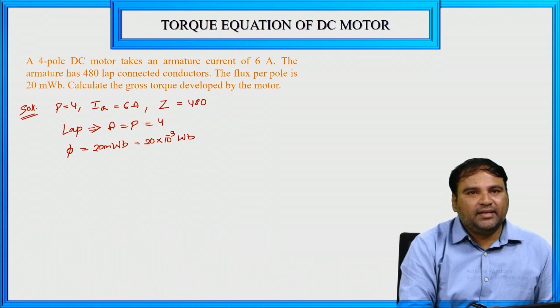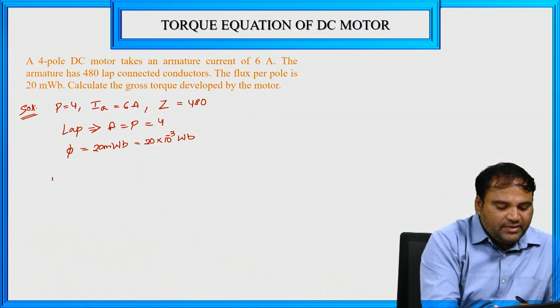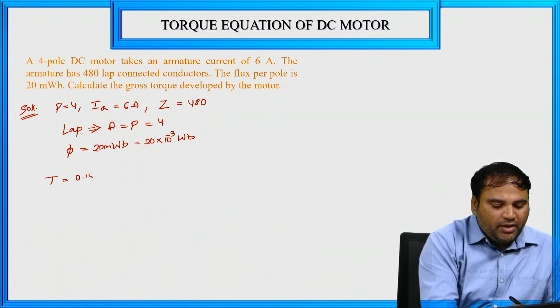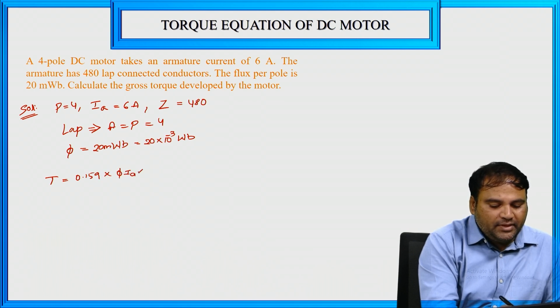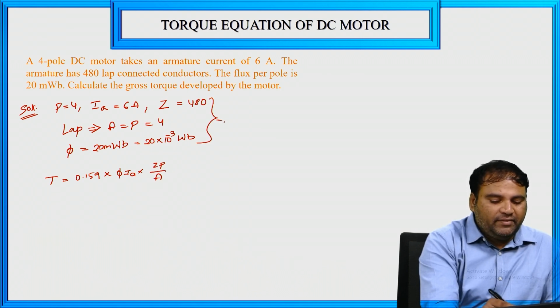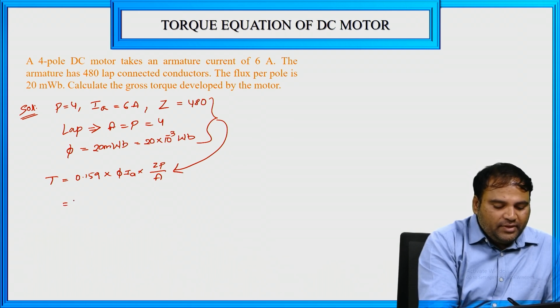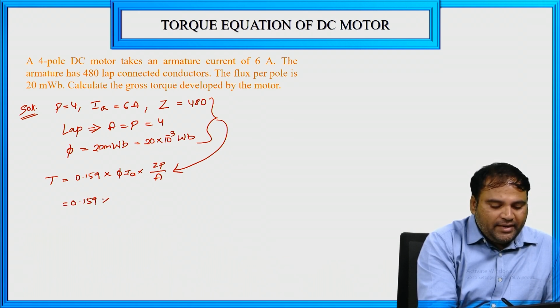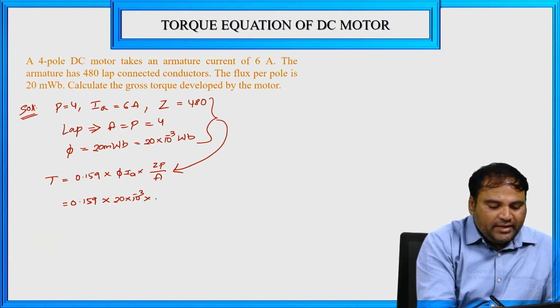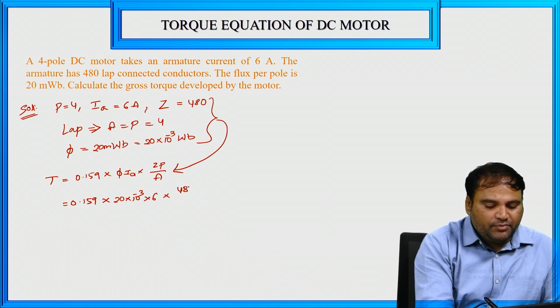Now we need to calculate the torque. So what is the torque equation? T equal to 0.159 into φIa into ZP divided by A. So substitute all these values here. So we'll get 0.159 into the flux 20 into 10 to the power of minus 3 into armature current 6 into total number of conductors 480, total number of poles 4, and parallel paths A equal to 4.